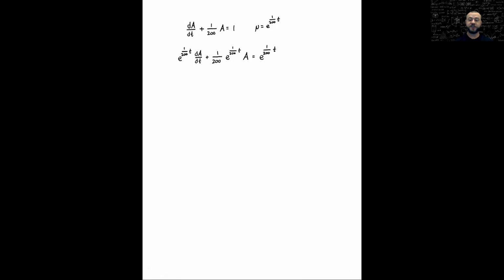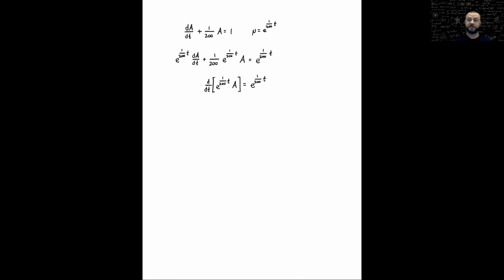And the whole reason for using an integrating factor is that the left side should collapse back to the derivative of mu times, not y anymore, but mu times the function variable here, A. And that is correct here. We get that the left side becomes the derivative of mu times A. And then on the right-hand side, we just have E raised to the 1/200 t.